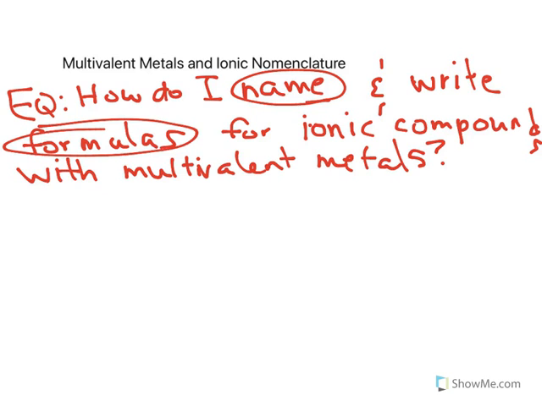So, let's start with the word multivalent. Now, if you're paying attention, you see the word valence in there. And when we did our Mendeleev activity, we talked about valency, meaning the ratio in which it forms compounds.